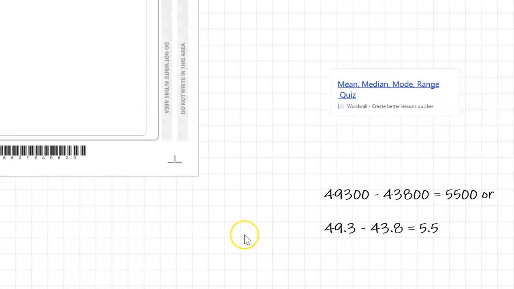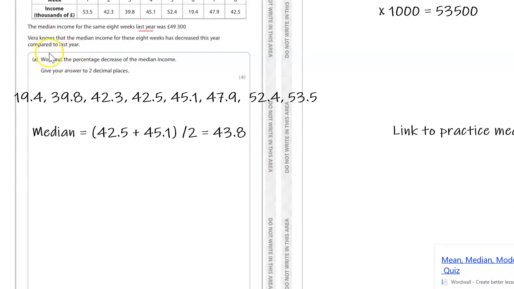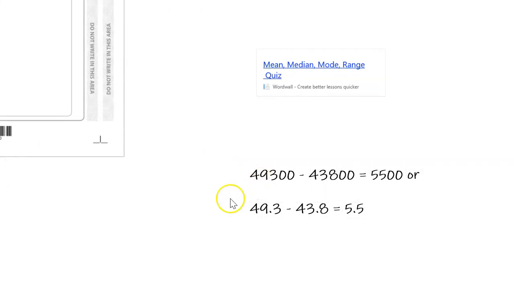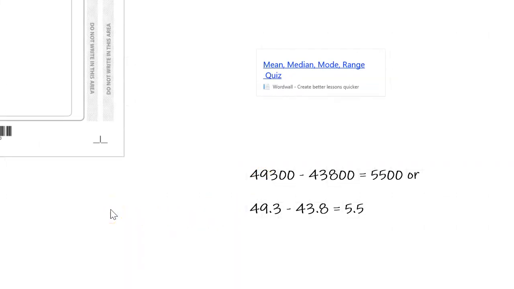Okay, so what I've got a bit further on is the next step, and that is to work out the difference between this year and last year. We need to get a figure to get onto the method to work out the percentage decrease. Again, I've done it in two ways. I've done the full amount. We know that last year was 49,300.